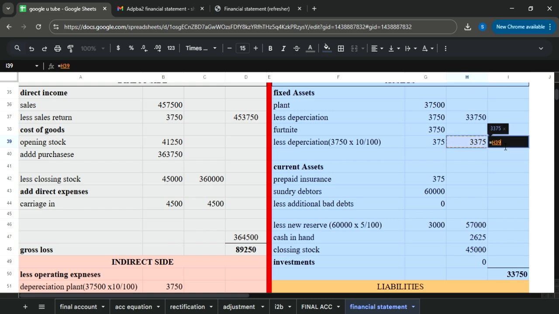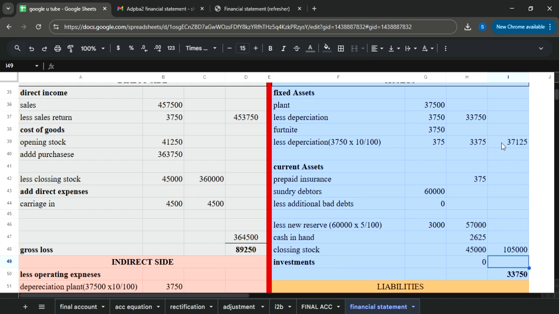Here there are two fixed assets, 33. This is sum of fixed asset, and now this 375 was prepaid insurance. You may erase it over here, and nothing else is present, so you can calculate total of current assets as well, which include first prepaid insurance, and then final answer of debtors, then we have cash in hand, and then we have closing stock.